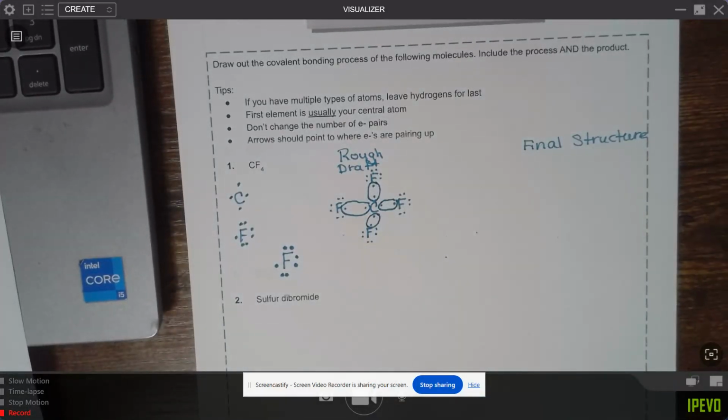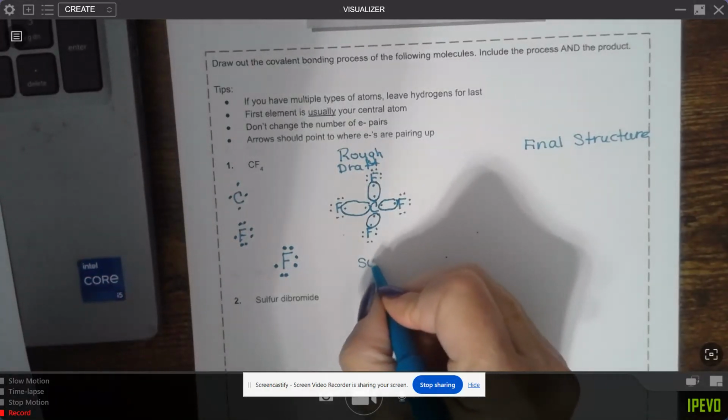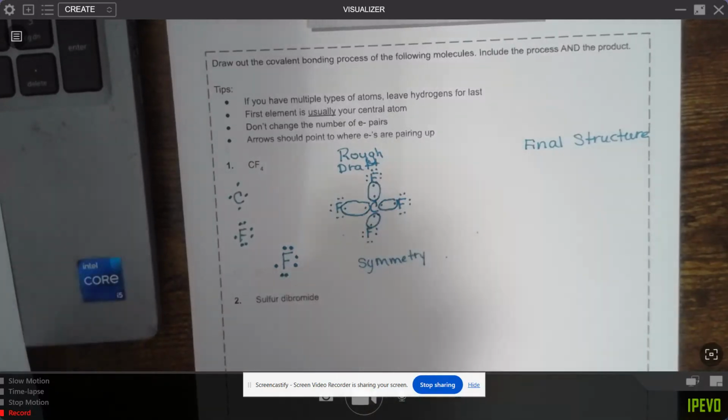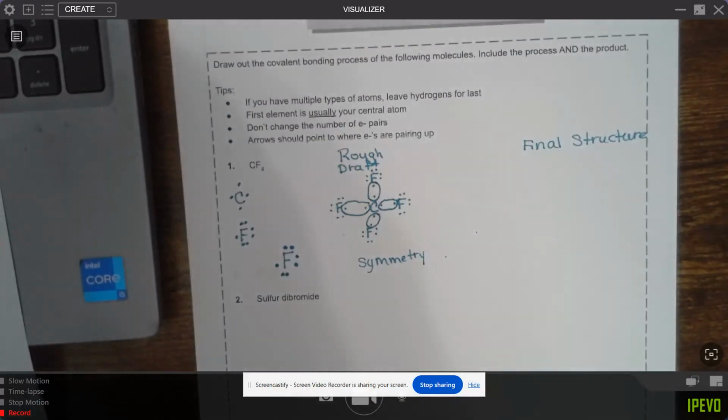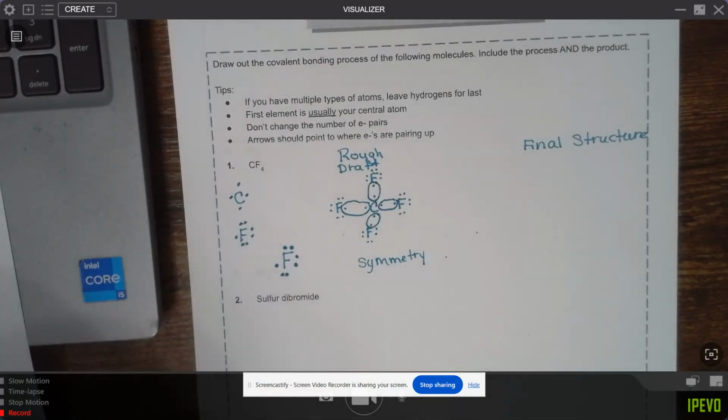A couple of things to just keep track of, okay? Symmetry. When molecules can be symmetrical, they're going to be symmetrical, okay? And bonds can't be formed when there's not a solo electron, okay?